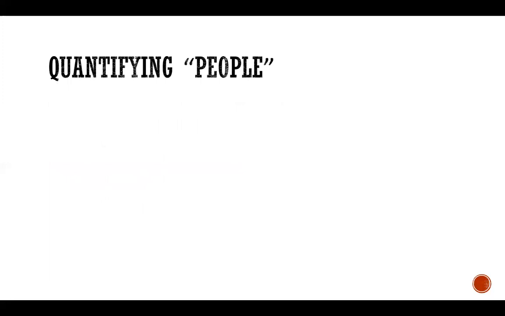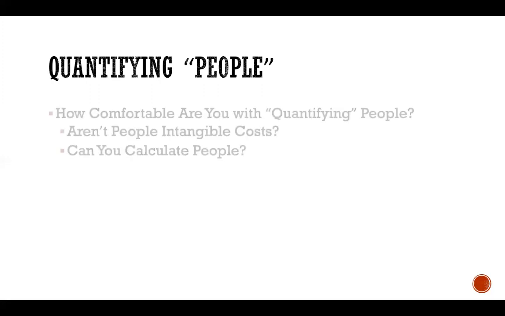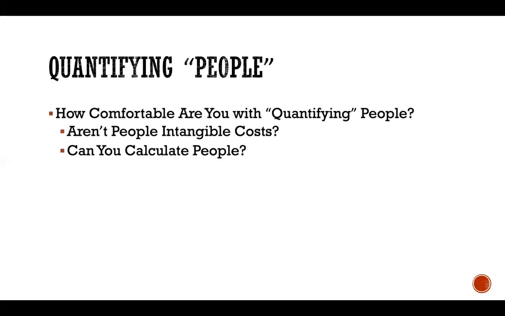Last thing I want to talk about before we end this video and this recording for you. The second article I asked you guys to read is about people businesses. And sometimes we don't like to quantify people. In fact, finance and accounting people have a difficult time on a financial statement pinpointing exactly where you would quantify people.